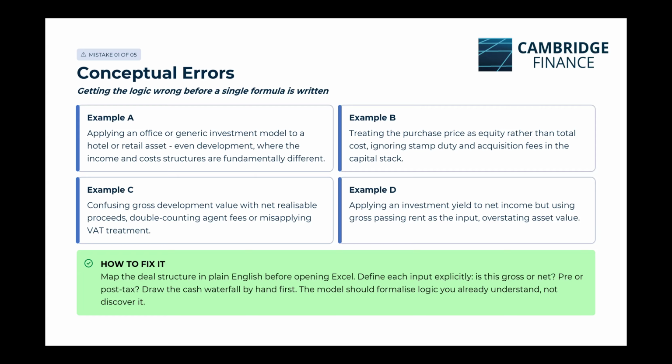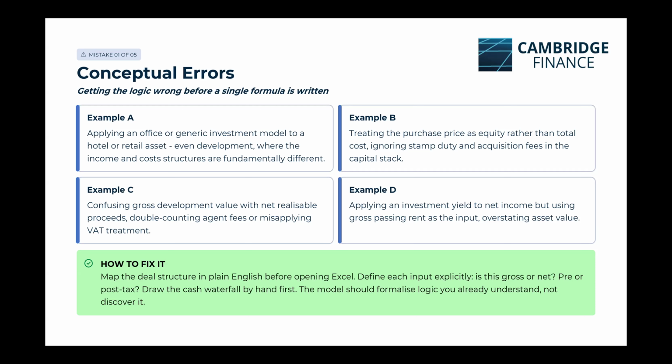That's just one example. Another example of a conceptual error, on the theoretical side as well, is that a lot of people put the GDV as their revenue, but you have to be a little bit more granular in that calculation. You need to understand that the GDV is not the sale price.